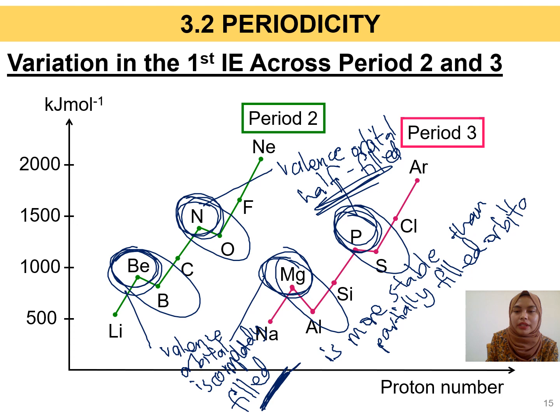Because they are more stable, it is difficult to remove an electron. So when it is difficult to remove an electron, you need a lot of energy to remove the electron. When you need a lot of energy to remove the electron, the ionization energy will increase.